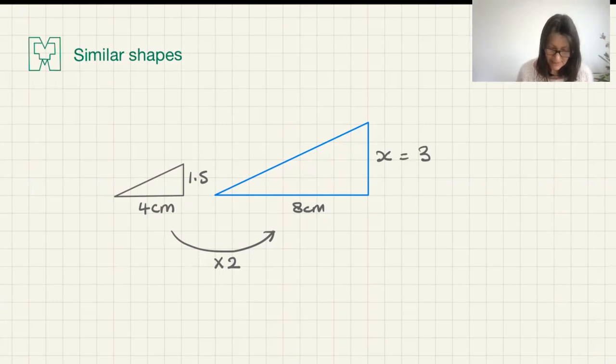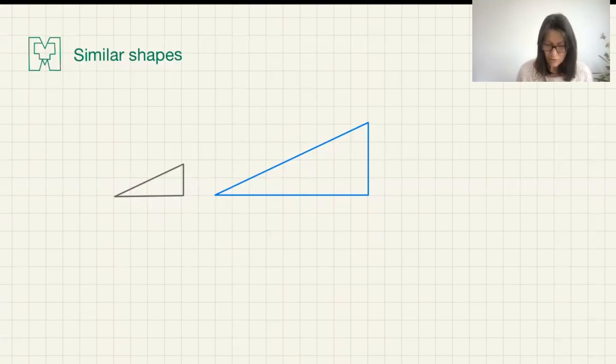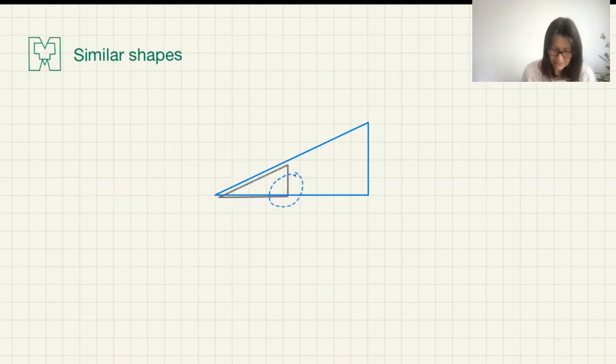Let's just see what the examiner might do if he wants to make this feel a little bit harder. So 2 main things. 1, he's going to bring the shapes together so that for you, it feels like you're just looking at one diagram.